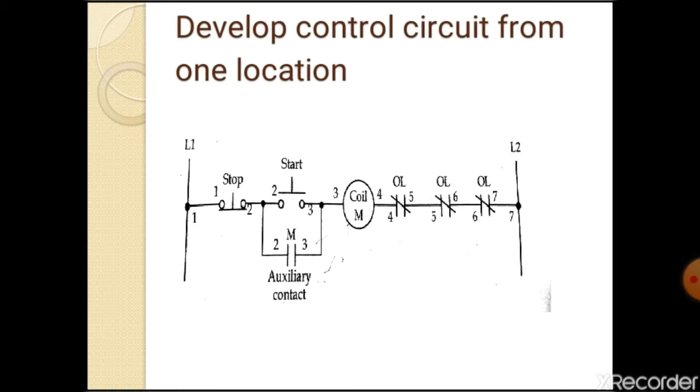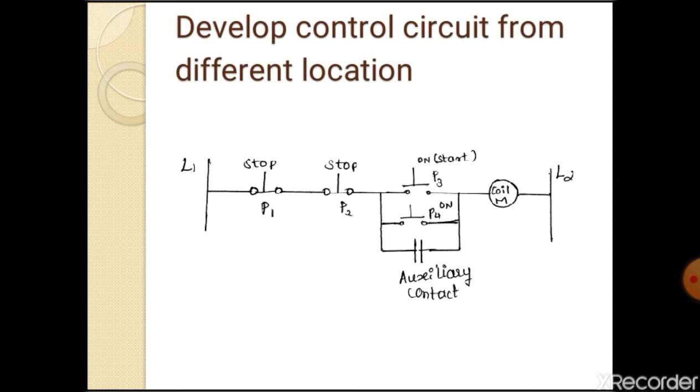When the coil is energized, the auxiliary contact will close, and current flows through this auxiliary contact even if the start button is released. Therefore the motor continues to run with the help of the auxiliary contact. When the stop button is pressed, the motor stops. This is how the one location ladder diagram works.